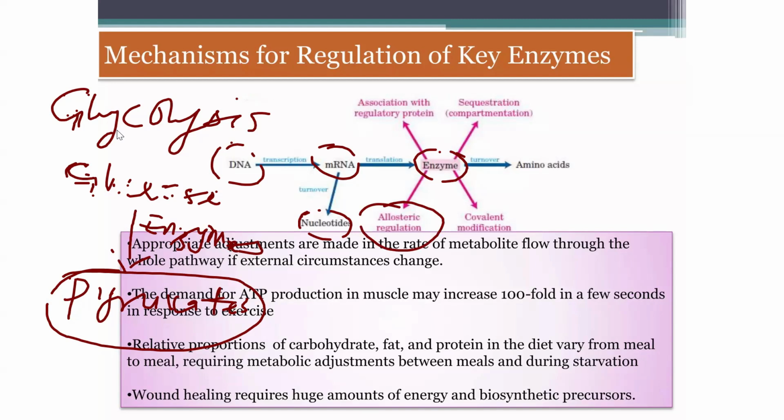Most of these modulators, activators or inhibitors, usually bind to the allosteric site of the enzymes. Once they are added, they will increase the activity of the enzymes. So covalent modification and allosteric regulation are two processes that are used in increasing the activity of the enzymes.